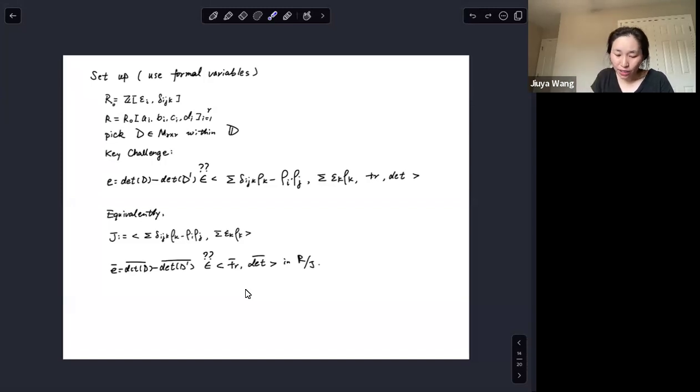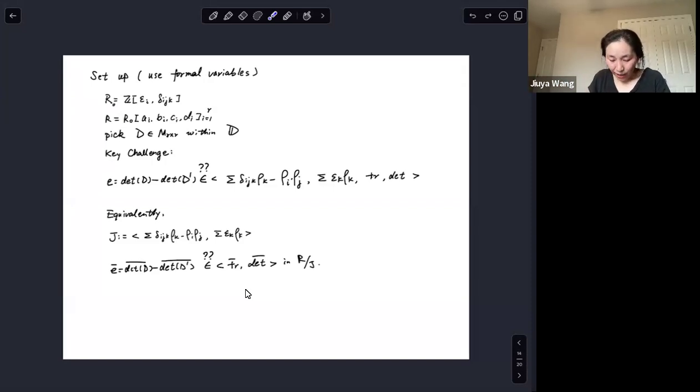The setup is: let R0 be the polynomial ring generated by epsilon i and delta ijk showing up in the previous relators, and then take R to be the R0 polynomial ring with variables a, b, c, d, where a, b, c, d are just the entries of these rho i.